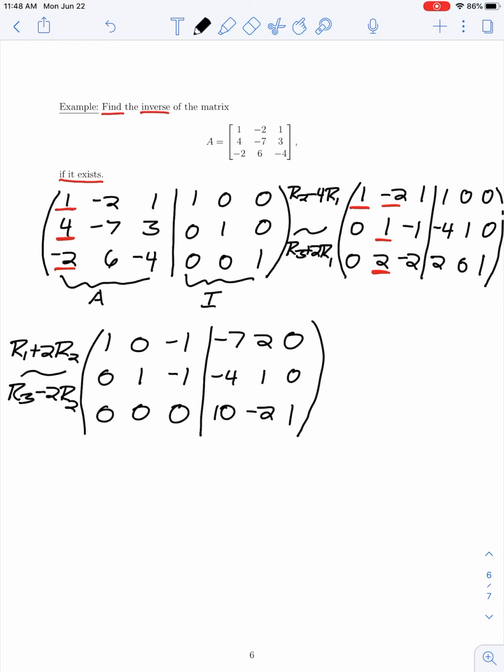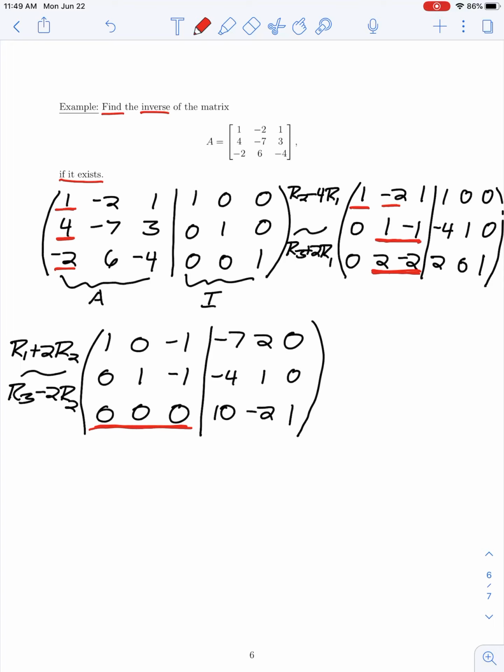Now, notice at this stage that I have a row of all zeros for this matrix on the left-hand side. The reason for that is, if we were looking at the second and third rows of the matrix A in the previous step, or of the reduced row matrix A, we see that those two rows are identical.